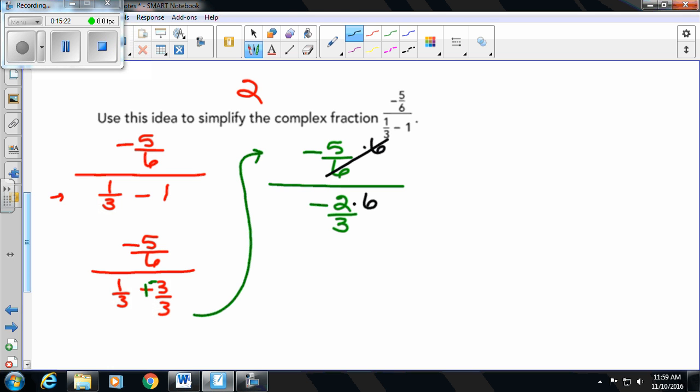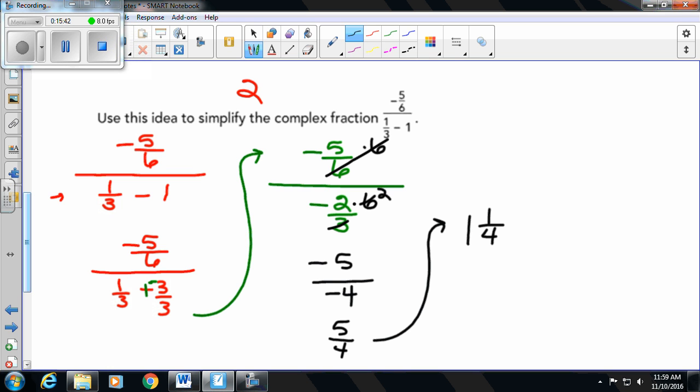These 6's here cancel, I'm left with negative 5. 3 goes into 6 twice, and I'm left with negative 4. And a negative divided by a negative is positive, so it's 5/4. And let's convert this into 1 and 1/4.